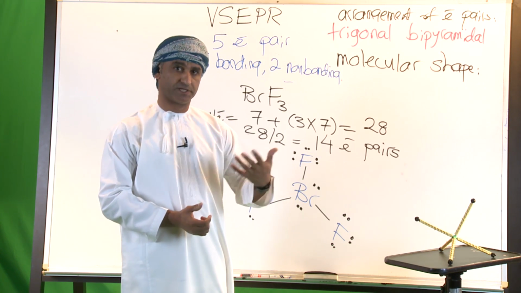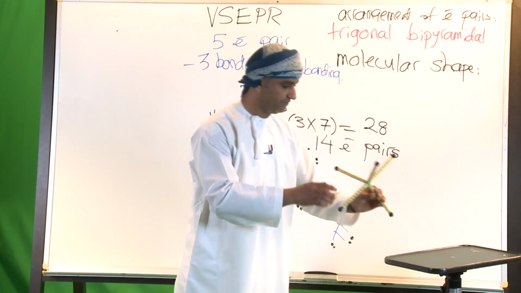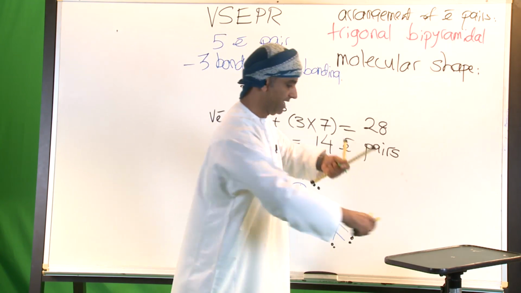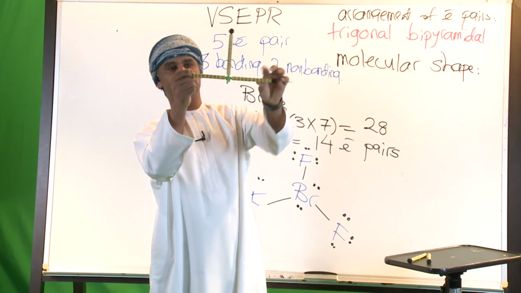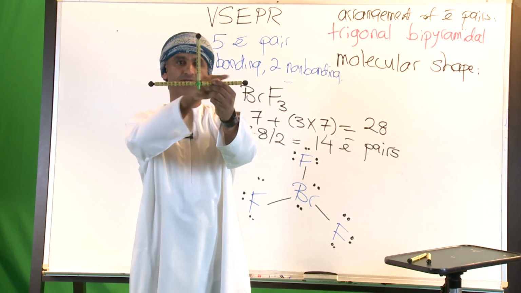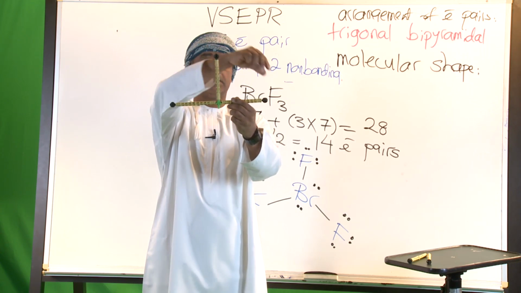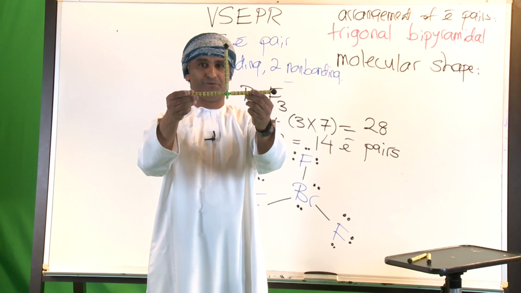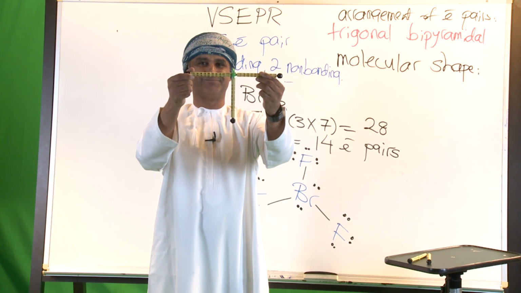Now, in order to predict the molecular shape, we need to make a model, and for that, let's take 2 of these bonds off, and if we do that, that's basically a lone pair, that's another, and these are the bonding pairs, so that's like the bromine central atom, these are the surrounding fluorine atoms, and if you look at this shape carefully, you would find out that it is T-shape.